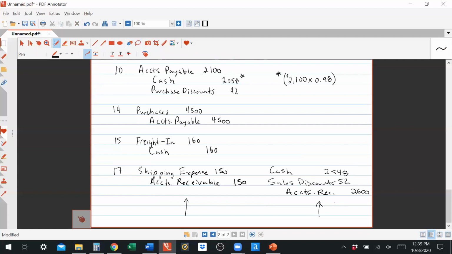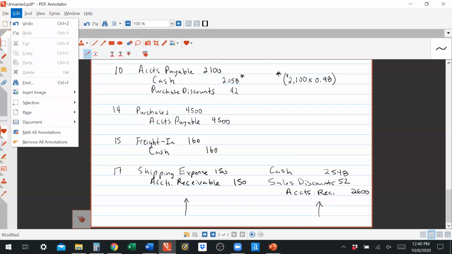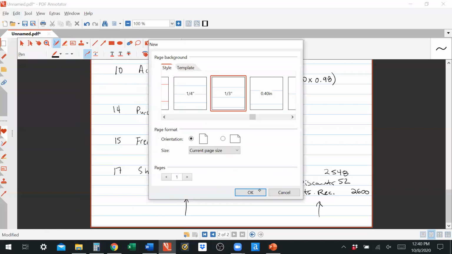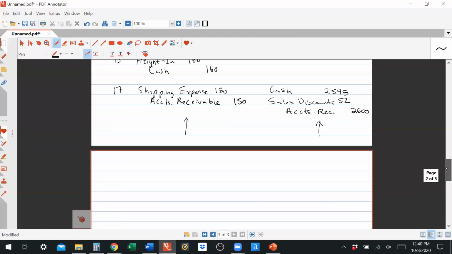Debit cash $2,548, debit shipping expense $150, debit sales discounts $52, and credit accounts receivable for $2,750. That would have done it in one journal entry. I don't know why I was struggling over that, but it's not as intuitive if you're looking back trying to study for this. You'd be like, where do these numbers come from?